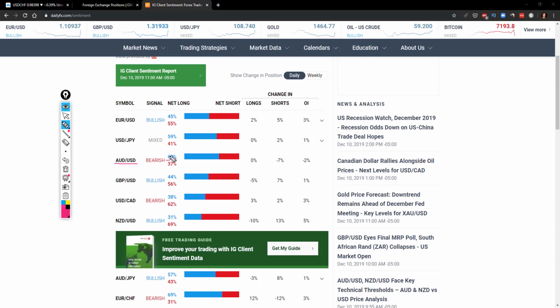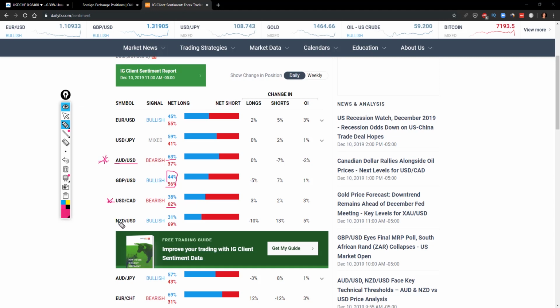And so that's giving us potential for a short trade. All right, so that's one idea. British pound, US dollar, relatively mixed. USD CAD, again, bearish. So a majority of traders here are bearish for IG clients. So USD CAD also a potential long opportunity.